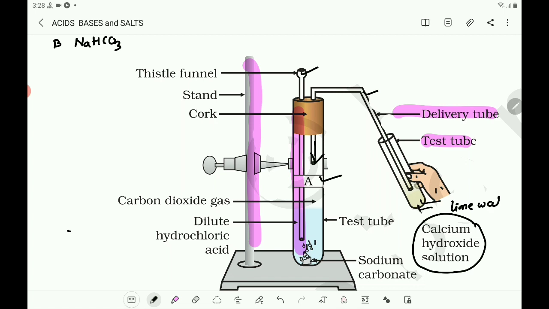And the lime water turns milky. A milky precipitate of calcium carbonate is formed. So the lime water turns milky, showing that it is CO2 gas. Which gas? Carbon dioxide.